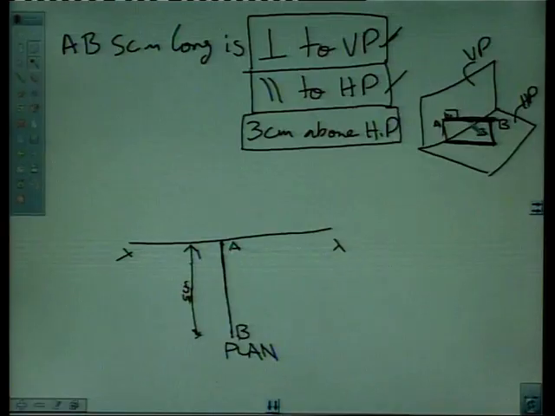If this is a straight line perpendicular to the vertical plane, from the front we will see just this point, and this point should be 3 centimeter above this axis line. Here, this distance is 3 centimeter.